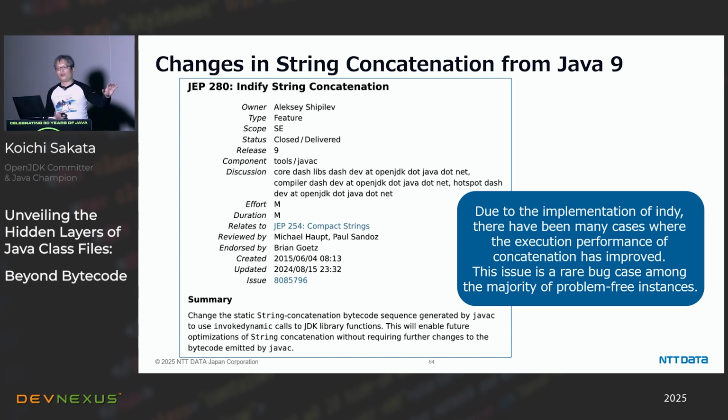There was a change related to string concatenation in Java 9. This change was the introduction of indy, short for invokedynamic bytecode. Indy improved execution performance, although there are rare bug cases. Most cases are problem-free, but some issues can occur.